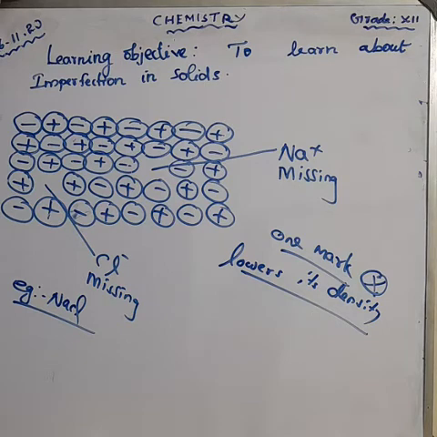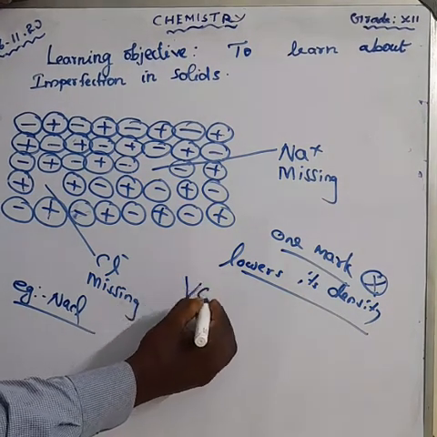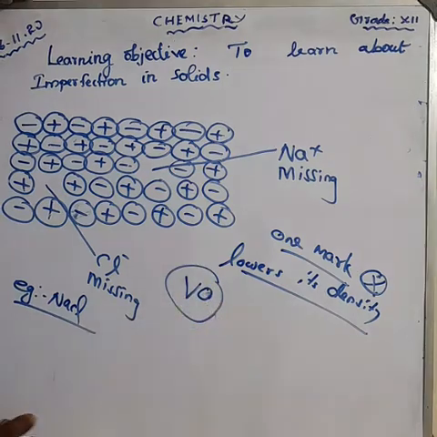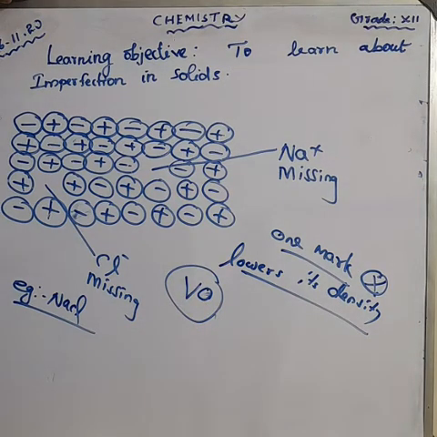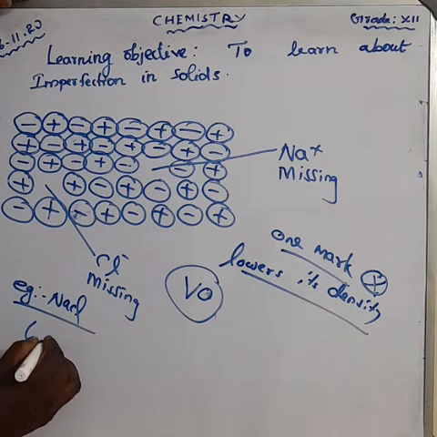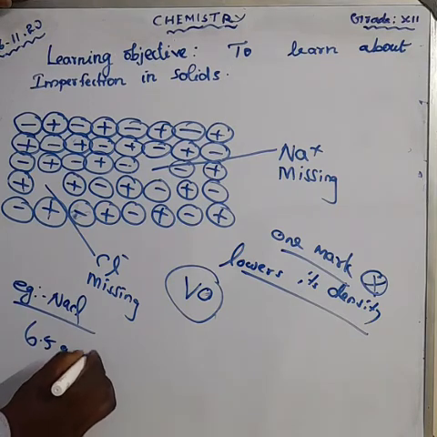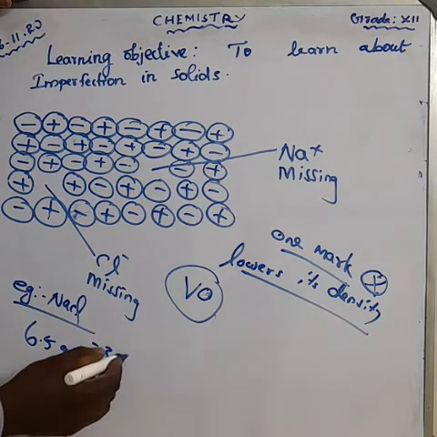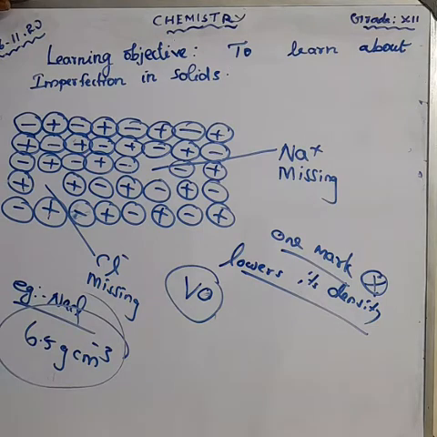For example, the theoretical density of vanadium monoxide. What is the formula for vanadium monoxide? VO. The calculated density, from the edge length of the unit cell, is 6.5 gram per centimeter cubed.